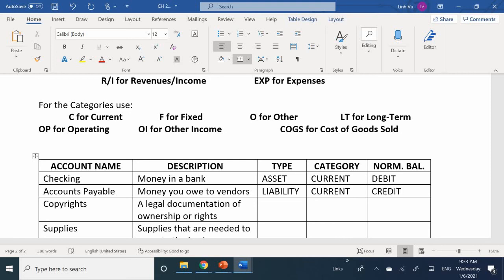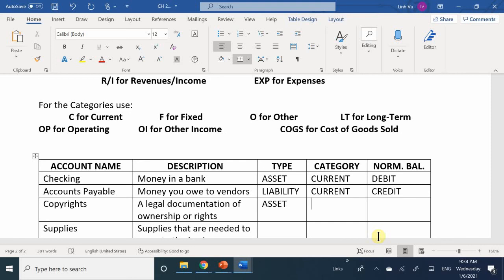Okay, so credit. Good. What about a copyright? What is a copyright? It is a legal documentation of ownership or right. Okay, so you said it was an asset? Yes, it is an asset. Now, what kind of asset is it? Intangible asset.